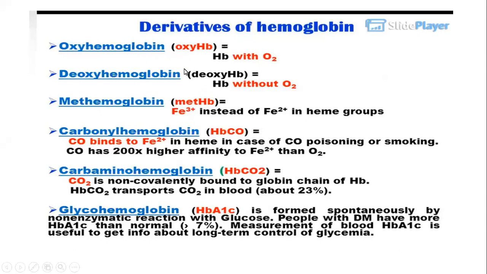If it loses oxygen, that is deoxyhemoglobin. When the ferric component enters the hemoglobin, you end up with methemoglobin. If you have carbon monoxide entering the hemoglobin, such that it poisons that hemoglobin, you end up with carboxyhemoglobin.